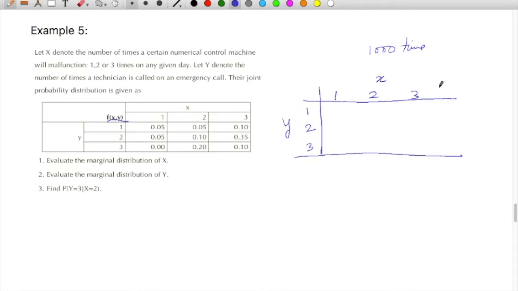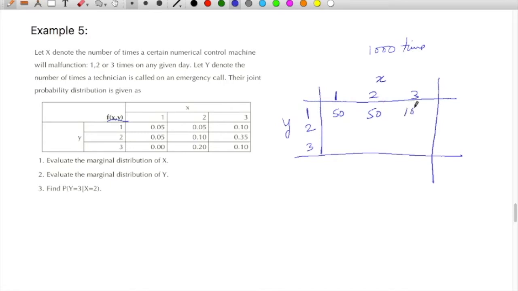If you count 1000 such occasions, and out of those, 50 occasions had one emergency call and the machine was not working once.